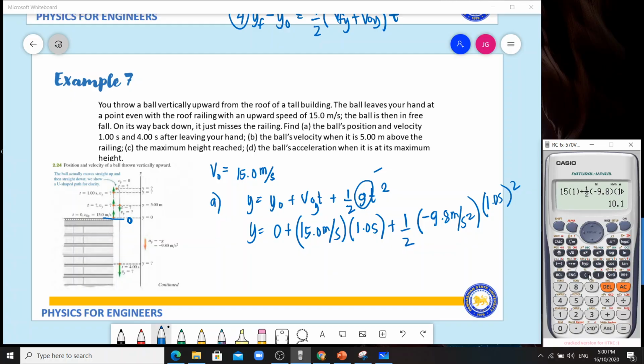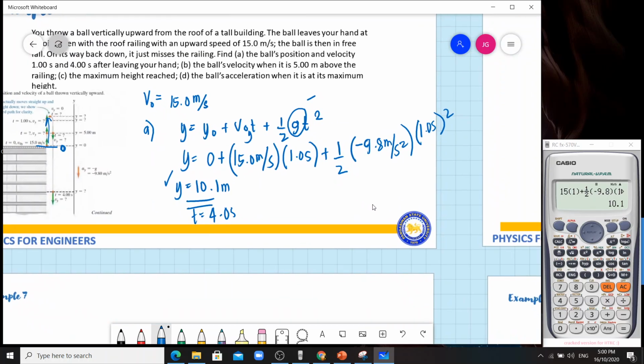So, ang distance niya ay 10.1 meters. So, napansin nyo, positive. Ibig sabihin, si y is pataas pa siya. Okay? 10.1 meters. Ibig sabihin, nasa taas siya ng datum. Okay? So, paano naman yung position at 4 seconds after leaving your hand?